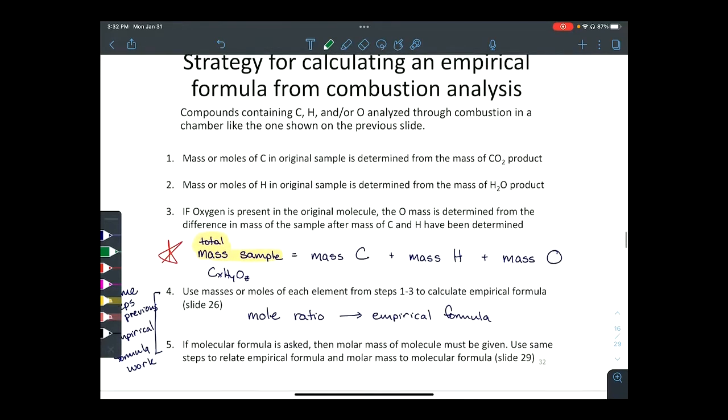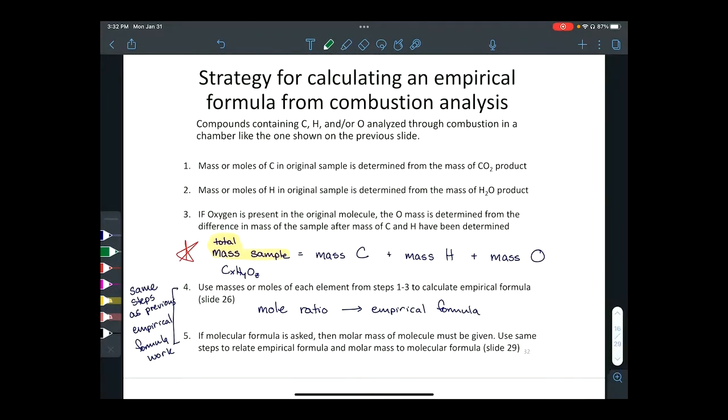So here's the strategy for calculating empirical formulas for combustion analysis. Thankfully, the end is basically the same as what we just did before. The big difference is that instead of starting with like mass of carbon or like mass of hydrogen, we are given a mass of CO2 instead. But we can figure out how many moles of carbon are in a certain amount of CO2.